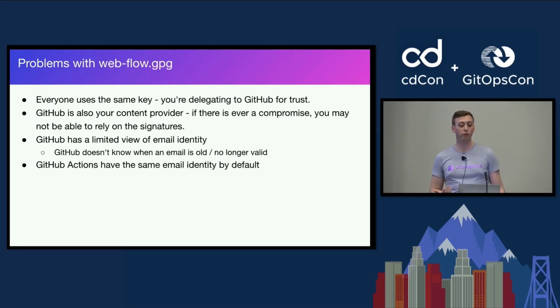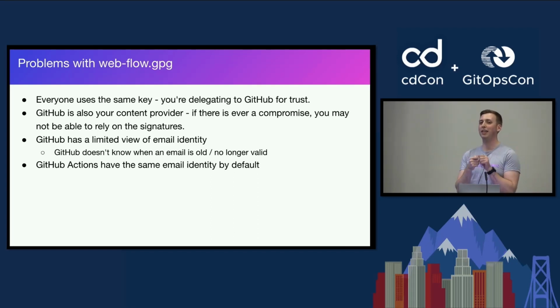And same thing for webflow.gpg, even though that's not a key that you yourself manage, there's a big problem here, which is everyone uses the same key. You'll see on that verified checkmark, it's like 4AEE. That is the same key that's used for everyone across GitHub. And before, I mentioned some of the benefits of commit signing, having that piece of data that's separate from your commit content.